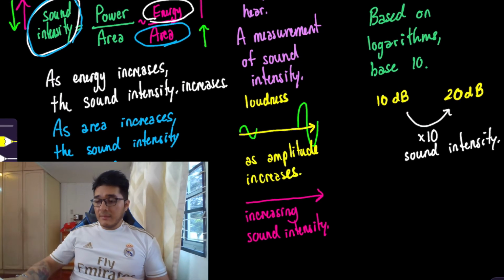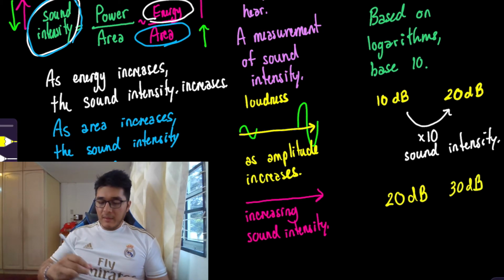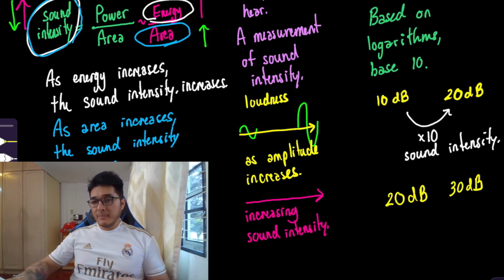Let's look at this again. Now, what if instead we go from 20 decibels to 30 decibels? How much is the loudness increased by? Not by 10, but by a factor of 10, a multiple of 10, so by 10 times the intensity.